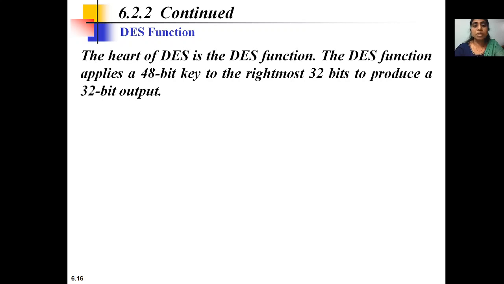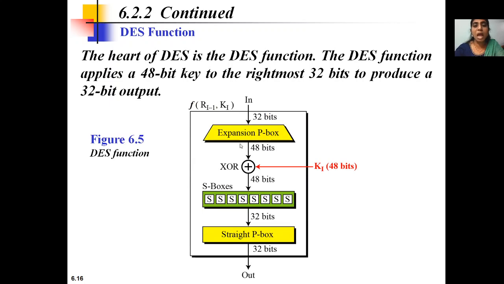Coming to the DES function, the round function becomes the heart of DES. How this particular DES function works is that we take the 48 bit key and the rightmost 32 bits to produce the output.